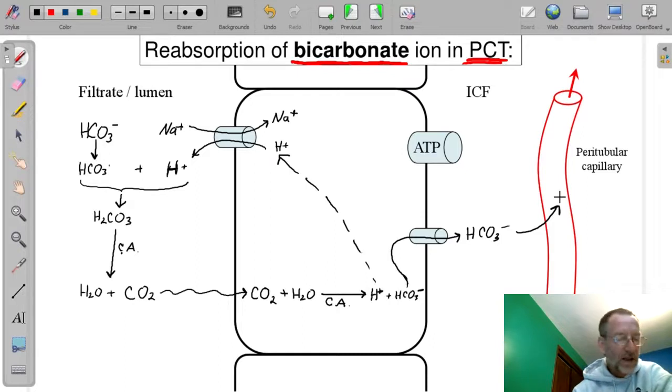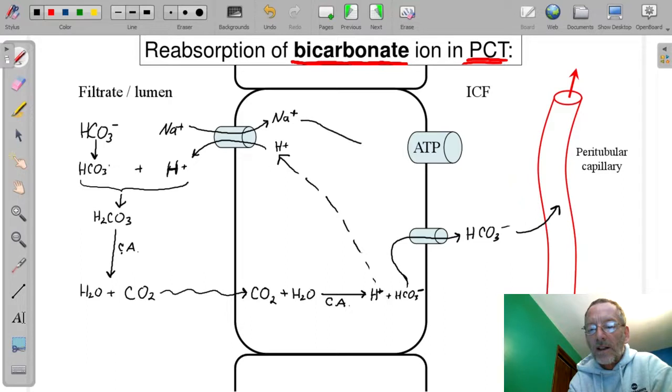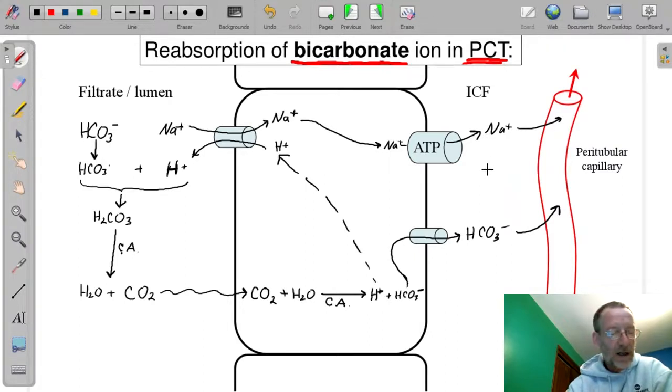And then finally, we can deal with the sodium. And the sodium exits, and we are bringing in potassium again. So that's how we reabsorb bicarbonate ions from the lumen back into the blood.